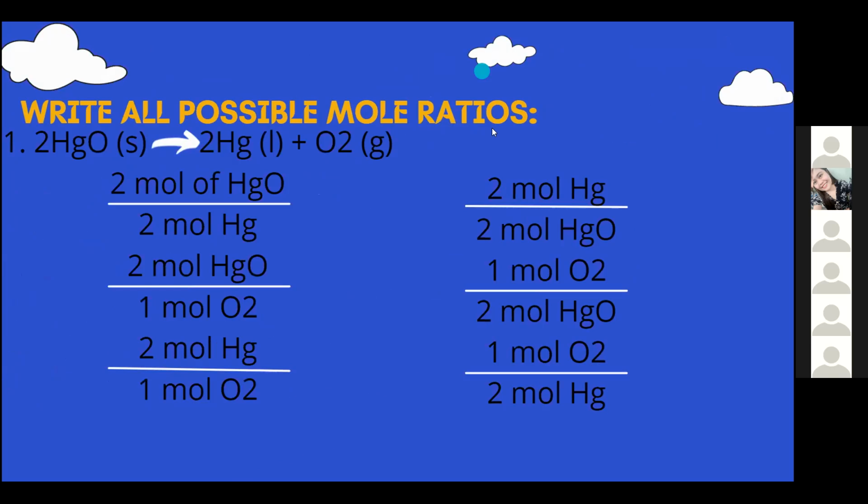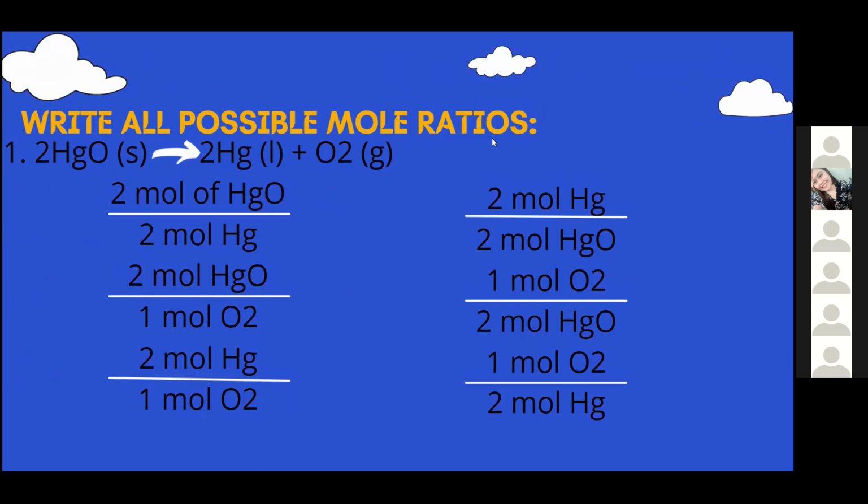So I am the next reporter, and this is on the activity part. So let us write all the possible mole ratios. So we have our first chemical equation. We have 2 moles of mercury oxide that will react to produce 2 moles of mercury and 1 mole of oxygen. So our possible mole ratios here are 2 moles of mercury oxide and 2 moles of mercury.